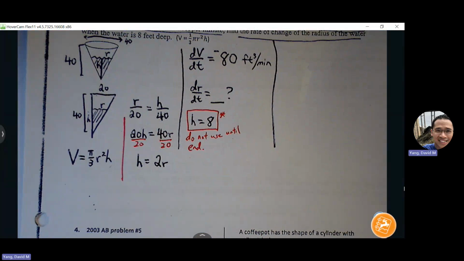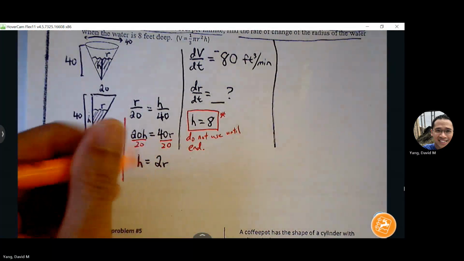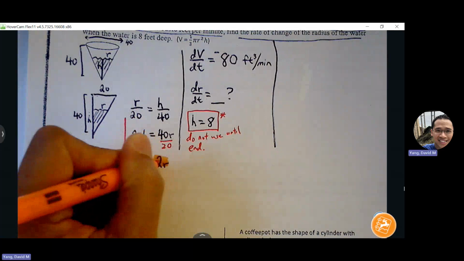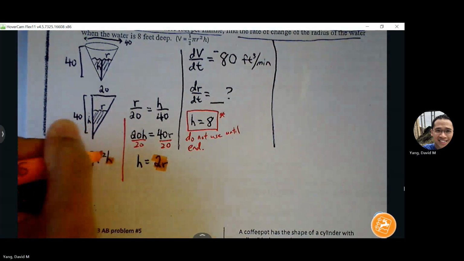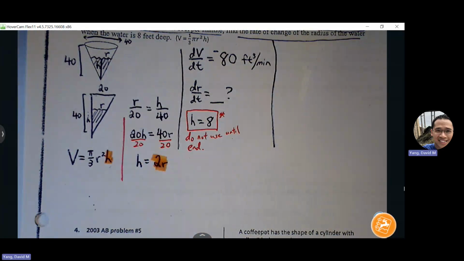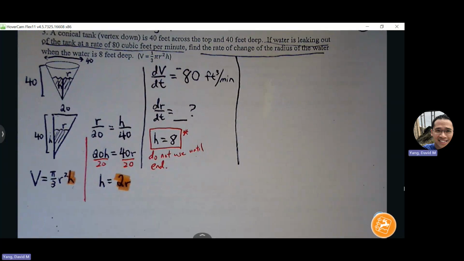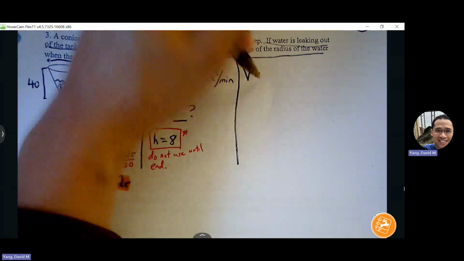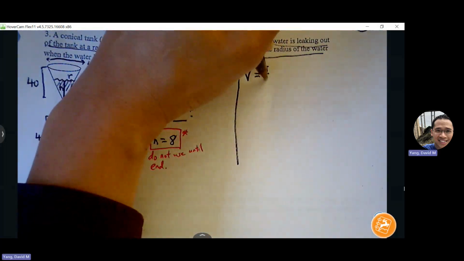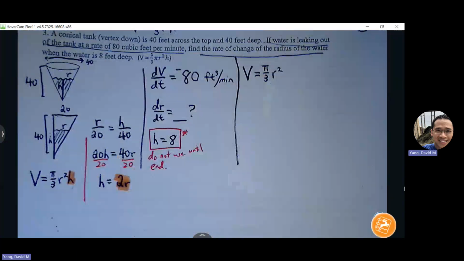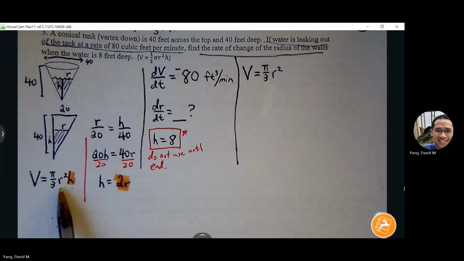So I'm going to make this substitution here. Everywhere I see the h in the volume equation, I'm going to replace it with 2r. So now we're going to rewrite the volume equation in the variable that we want to represent. Okay, so v equals pi over 3 r squared times what? 2r.